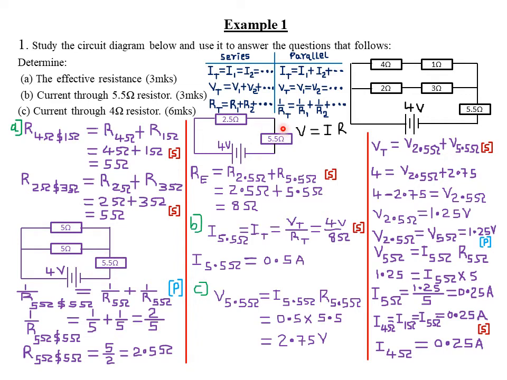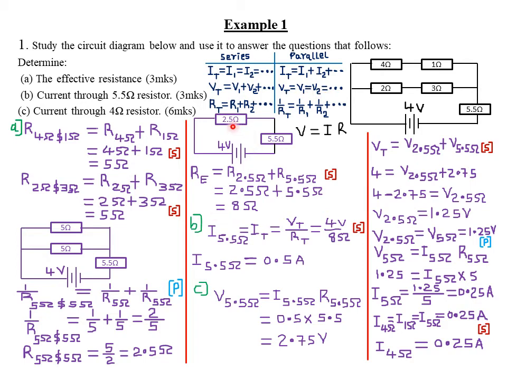So the remaining voltage is the one that goes through the 2.5, which is the same as the voltage that goes through the 5 ohm resistor and the other 5 ohm resistor. Therefore, the voltage entering this junction is the voltage through the 2.5 ohm resistor, and because the two 5 ohm resistors are in parallel connection, V total is equal to V1 is equal to V2.